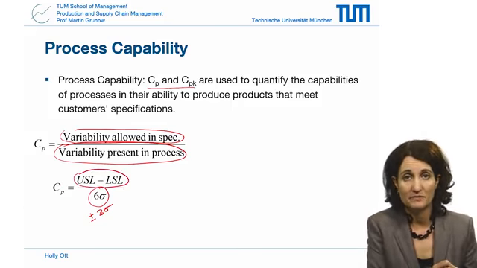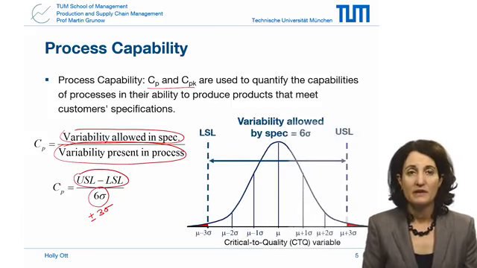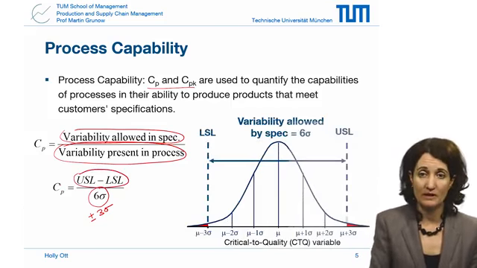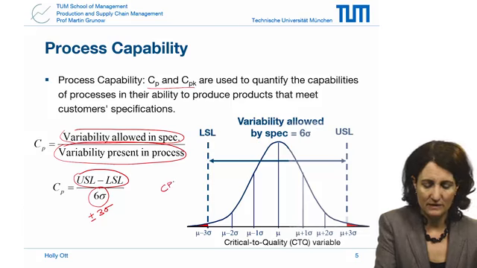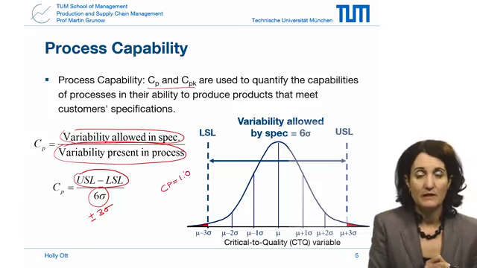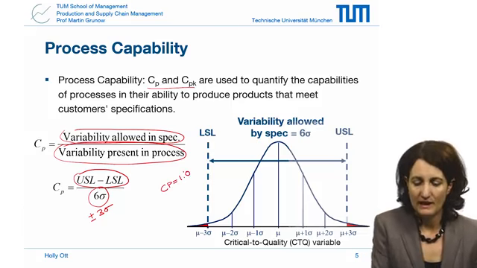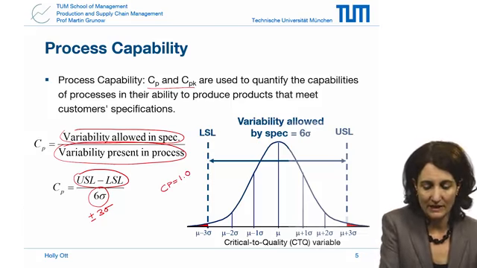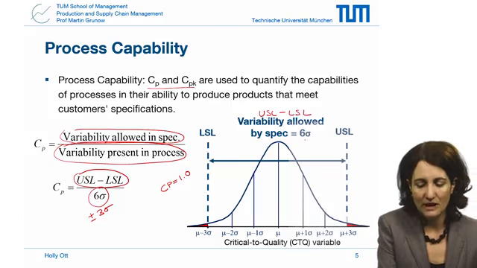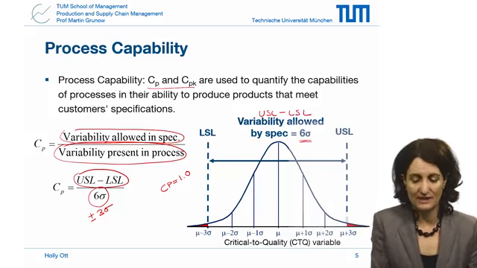Now, for an example, if we have a process where the Cp is equal to 1, this means that the variability allowed by the spec, so USL minus LSL, is going to have to be exactly equal to 6 sigma.